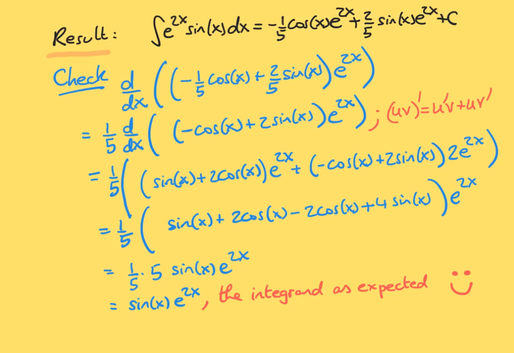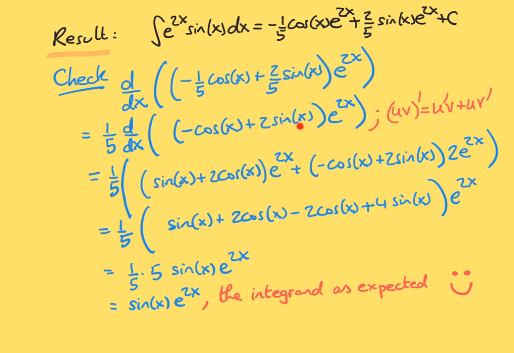So everything here is divided by 5. I'm going to take a factor of 1/5 outside, pull it through the derivative. So now we're left with this. This is our first term, the equivalent of u, and its derivative, if I differentiate minus the cosine, it gives us plus sine.